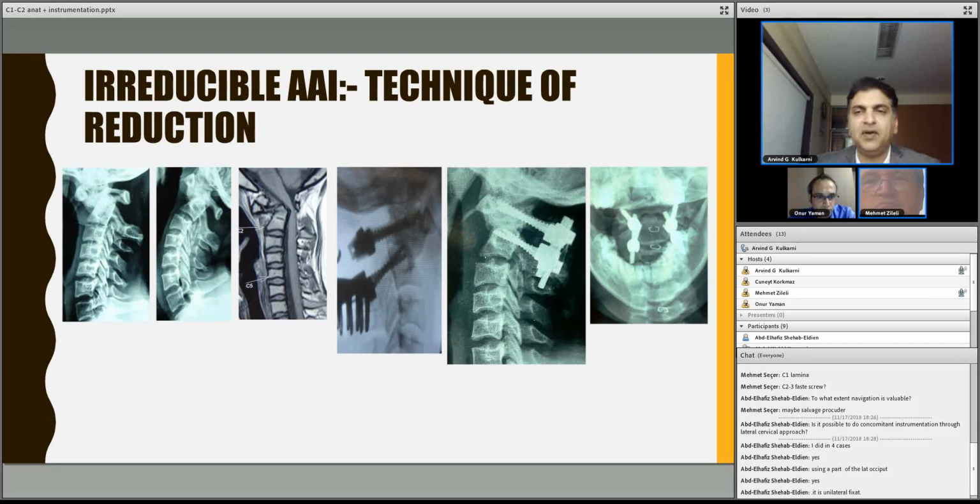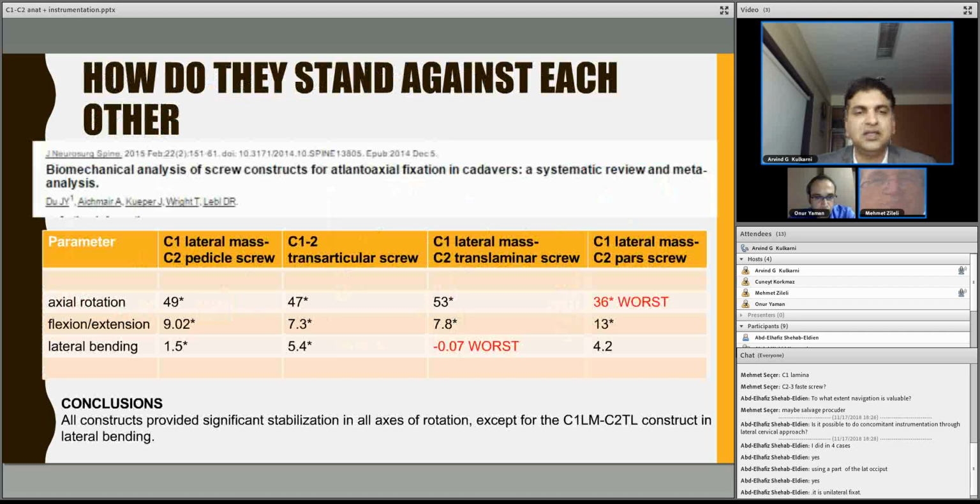It is the same in flexion as well as in extension, and it is not reduced even after positioning under anesthesia with traction and in extension. So what I did was I put a C2 pedicle screw first, then a C1 lateral mass screw, and I could actually pull the C1 lateral mass posteriorly and fix it. So I got a fantastic intraoperative reduction using this technique. That is the advantage of segmental fixation.